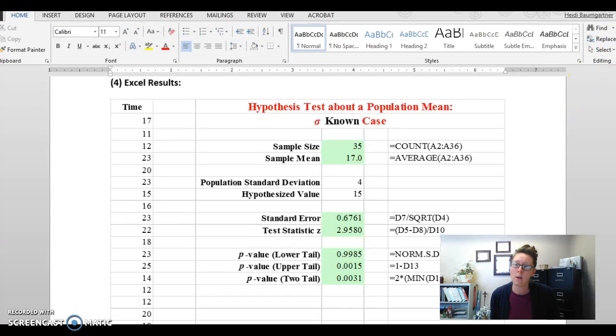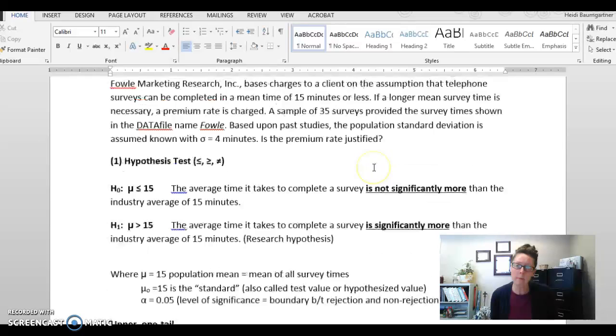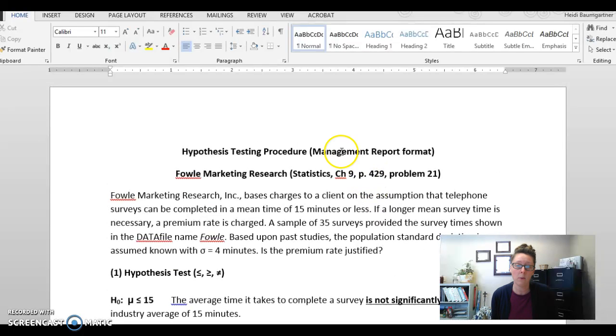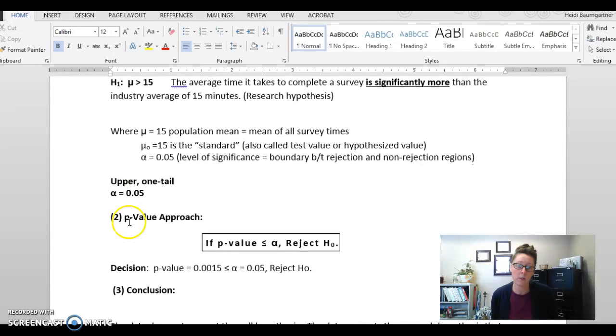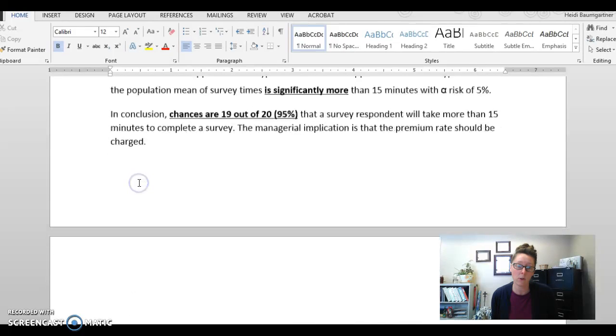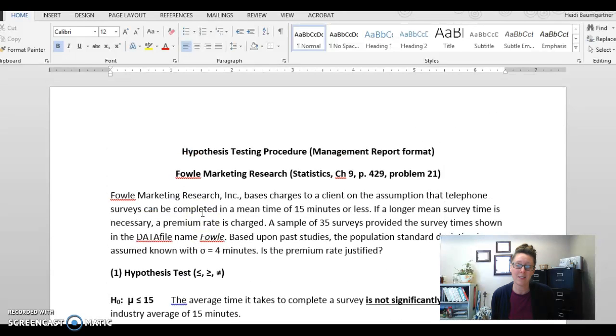So again, I'm going to scroll back up. Be consistent with your management report format. First, hypothesis test, p-value approach, your conclusion, and your Excel results. We are going to keep with this standard throughout the class in our other hypothesis testing.